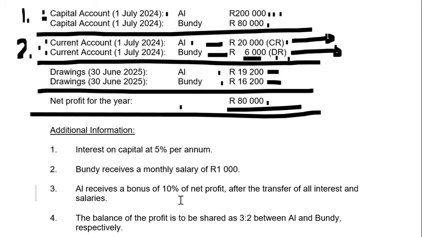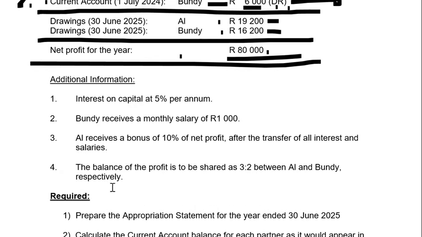Then Al will receive a bonus. The balance of the profit is to be shared in the ratio 3:2 between Al and Bundy. So Al is going to get the bigger portion, 60%, and Bundy will get 40%, because that's 3 out of 5 and 2 out of 5.